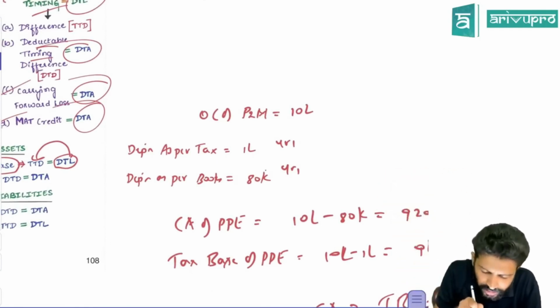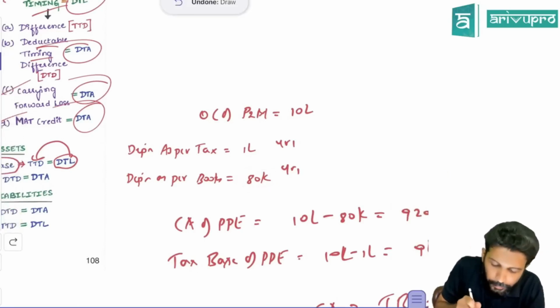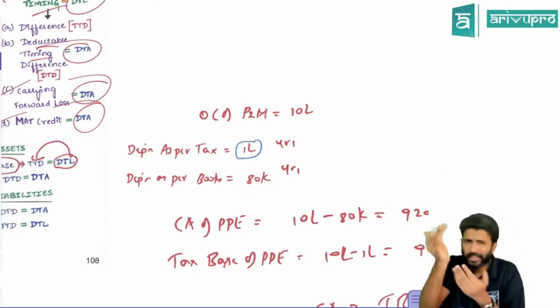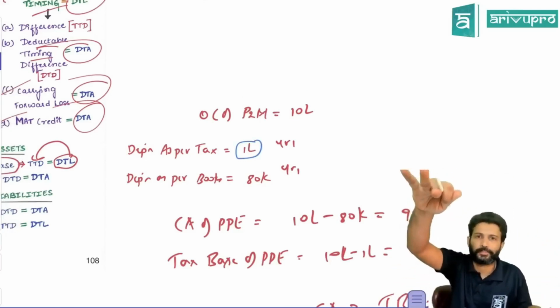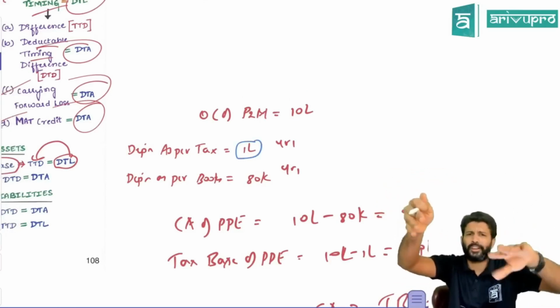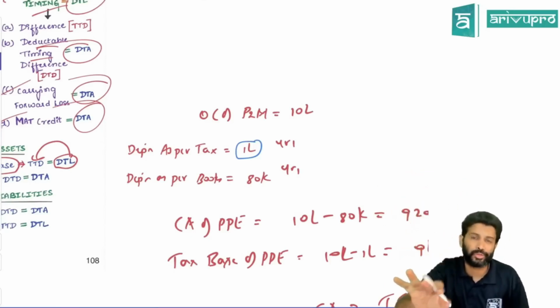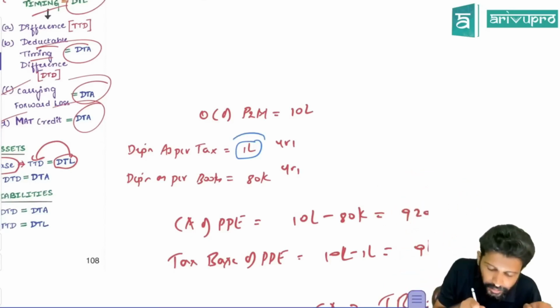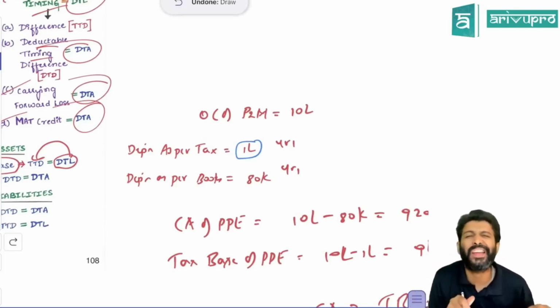Now, what is depreciation as per accounts? What is the depreciation as per tax? Depreciation as per tax is 1 lakh. Depreciation is an expense. Due to expense, what will happen to your taxable profit? Depreciation, you will be able to claim as a deduction. Due to this expense, taxable profit will reduce. As per tax, the depreciation is 1 lakh. As per accounts, depreciation is only 80,000.